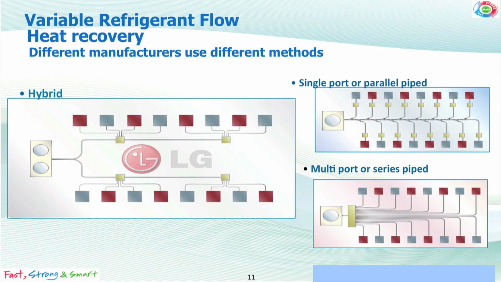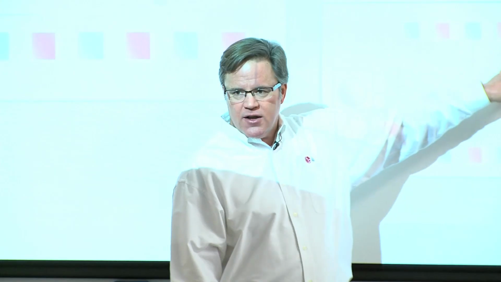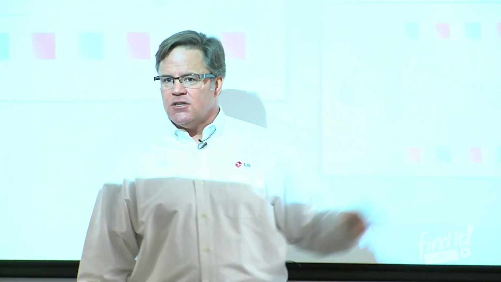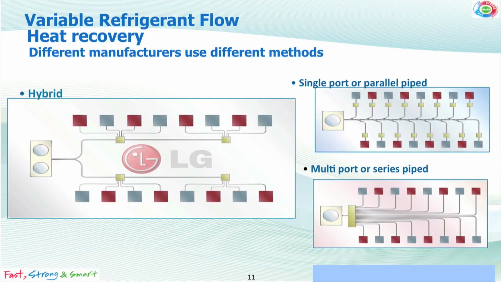You could imagine a scenario where this unit was right here and we had a lot of small spaces all grouped in one central area. Well, this may make more sense. If you've got a building that lays out nicely with long hallways, then maybe this way makes sense. A lot of it is, how big is the box? Do I need condensate? How many spaces am I serving from that spot?